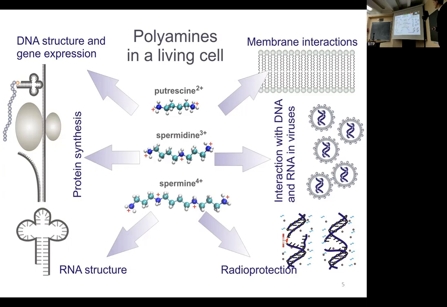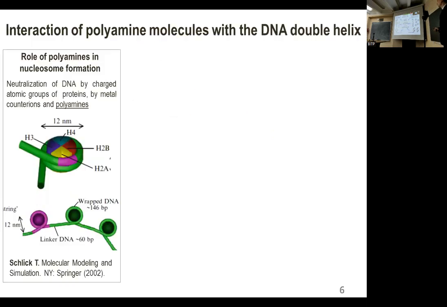Polyamines are also present in viruses, and there are a lot of different properties, for instance, like radio protection and so on. The most important property of polyamines is related to interaction with DNA, because DNA, as you know, is folded around a protein core in the living cell, and it is partially neutralized.